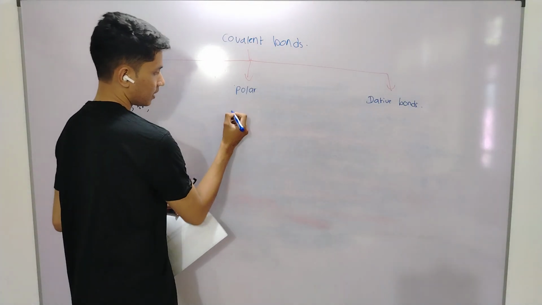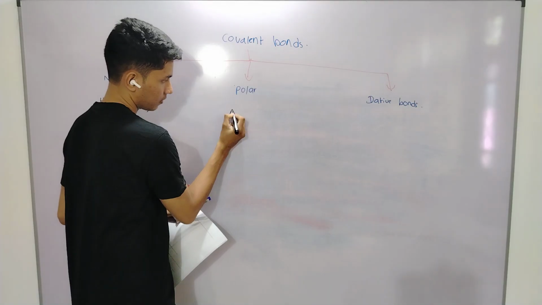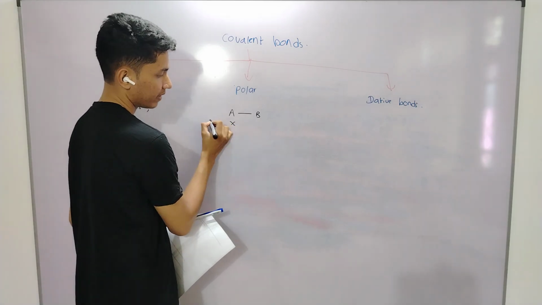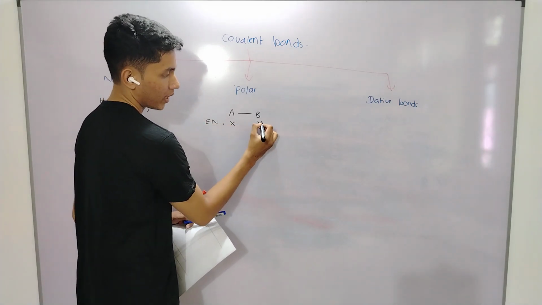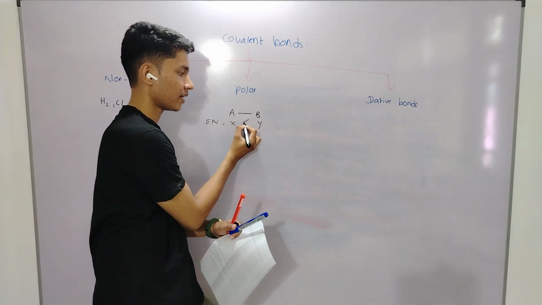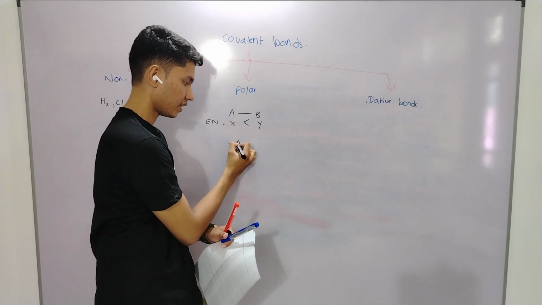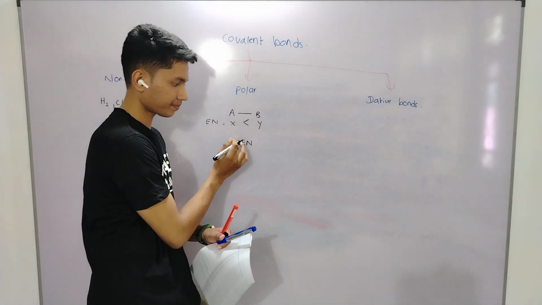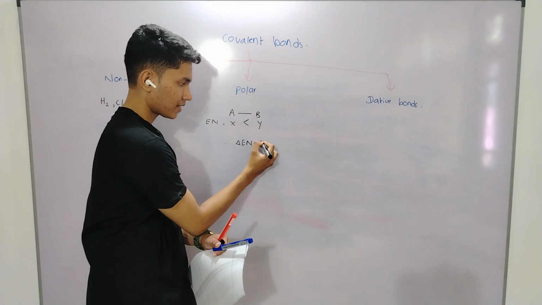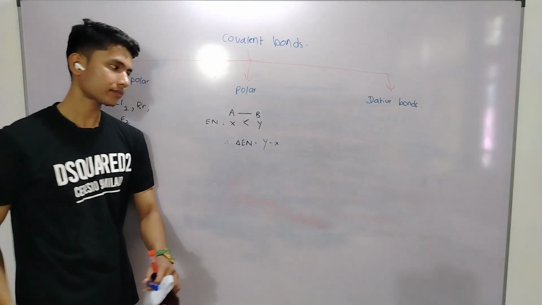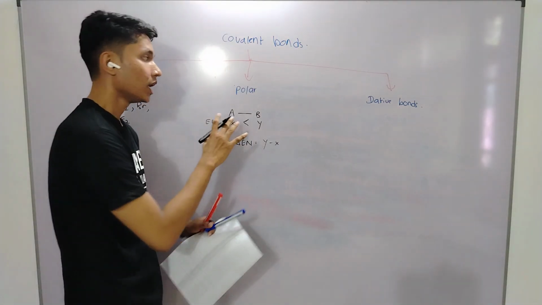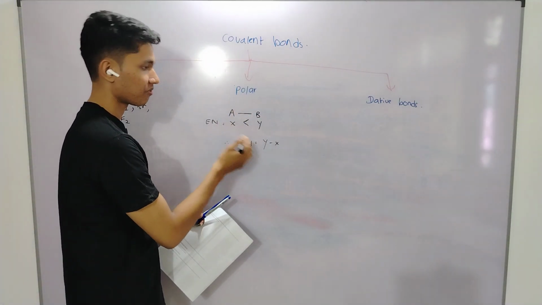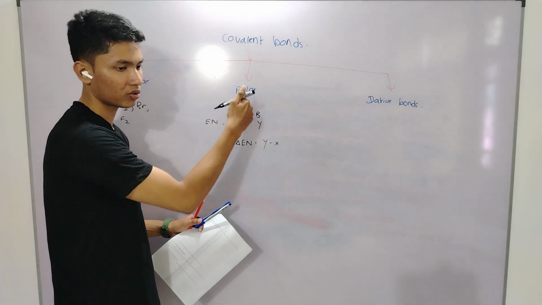So take an example again. The electronegativity of X is A. The electronegativity of Y is B. Therefore, the electronegativity difference is Y minus X. Learn about this category.